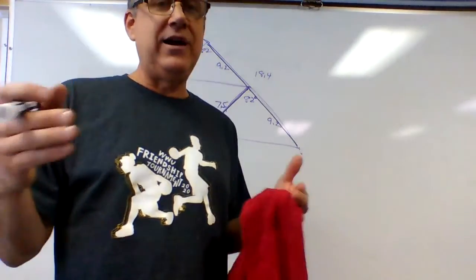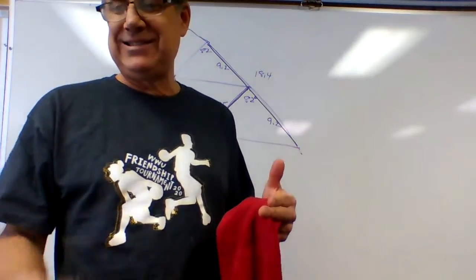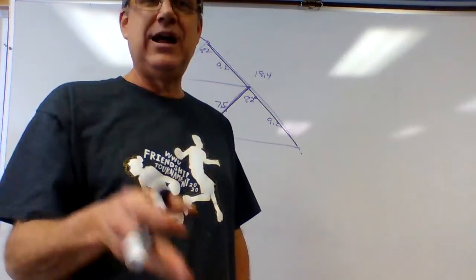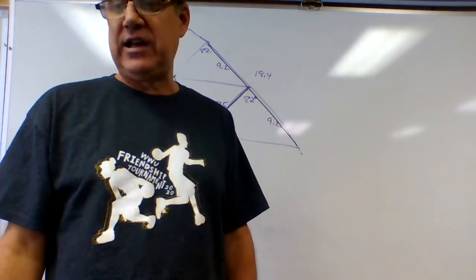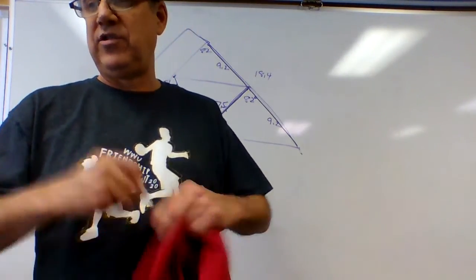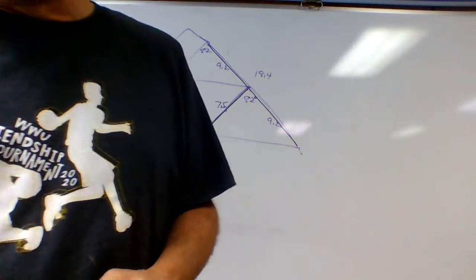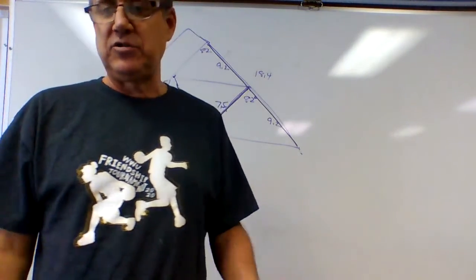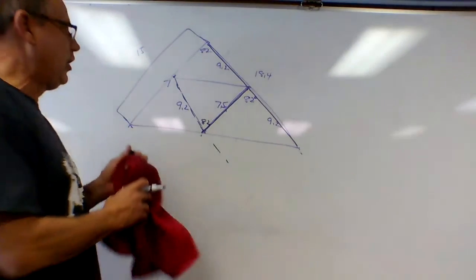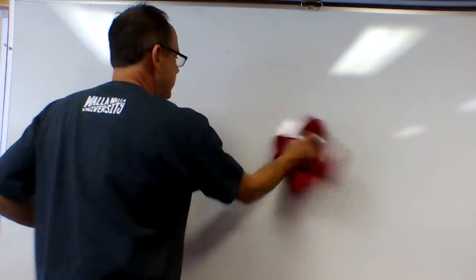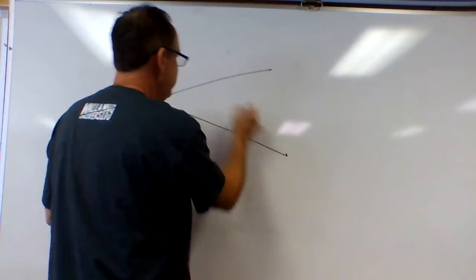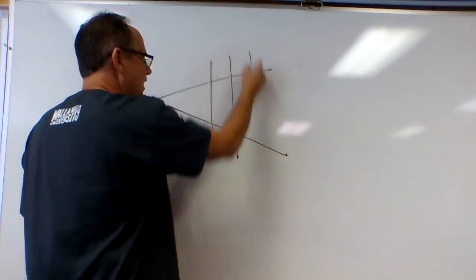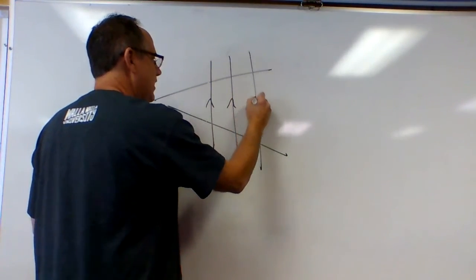And from there, because you have parallel lines, the corresponding angles of those triangles are also going to be congruent because of those parallel lines. So as we look at it, we have two transversals, parallel lines. These are all parallel.